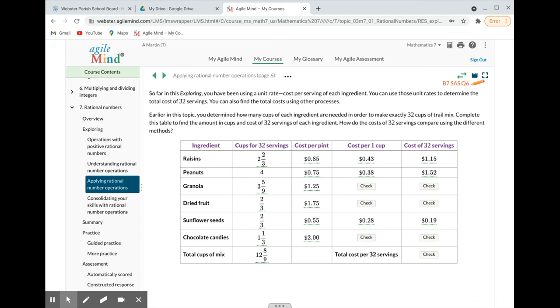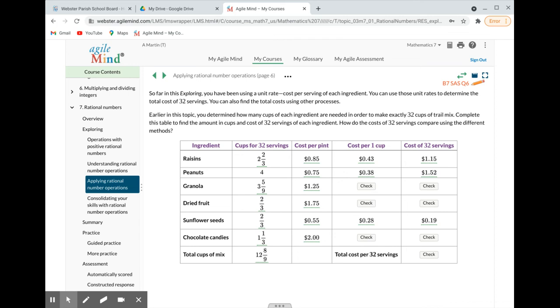All right. So if you look at this, this is showing us how many cups are going to be used for 32 servings. It also gives us the cost per pint. And then we're going to have to find the cost for 1 cup for each one of these. And then we'll find the cost for 32 servings. All right.